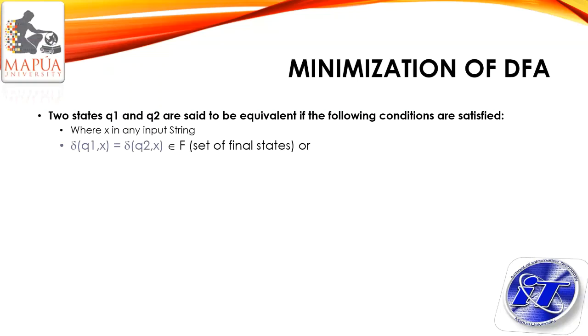Or if they encounter the same input, the same string, they will go to the same non-final state. Okay, so if they go to the same non-final state when they encounter this set of inputs, therefore they are equivalent. So in short, the behavior should be the same so that they can be considered equivalent.